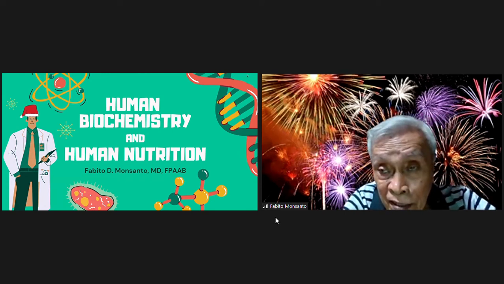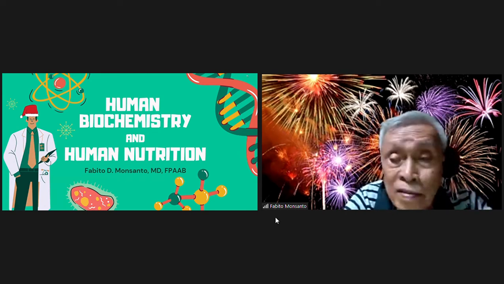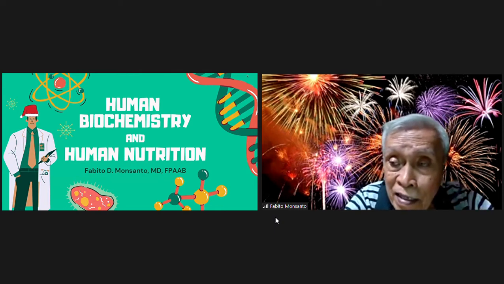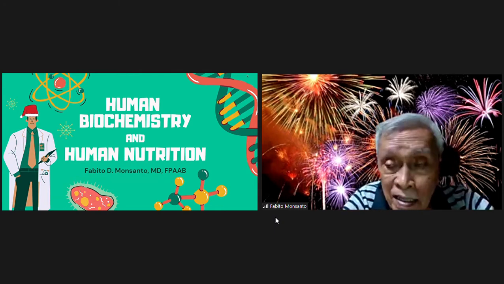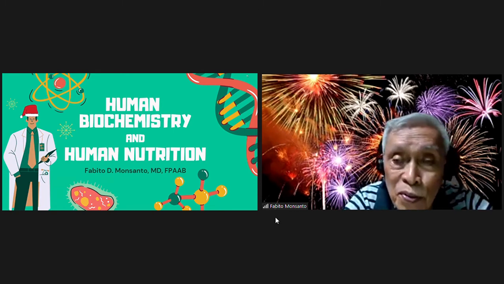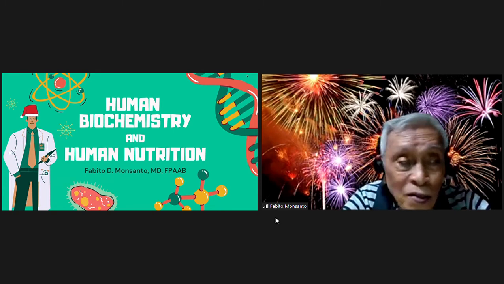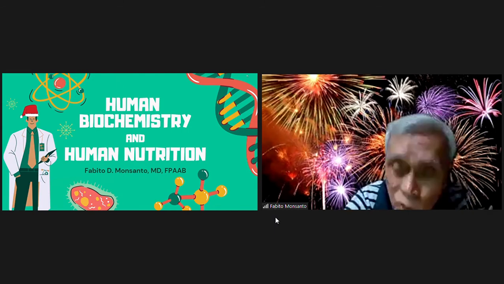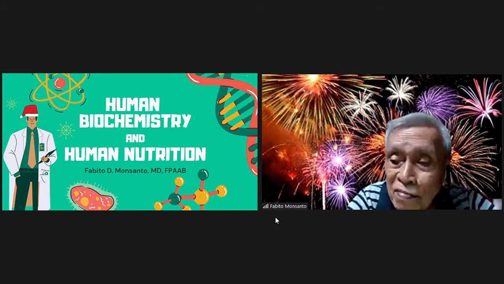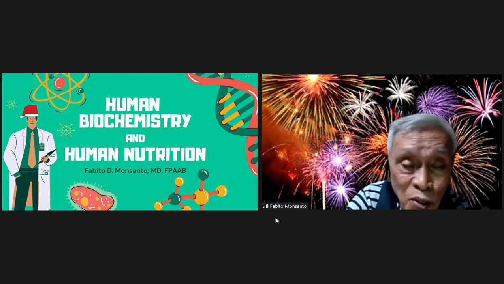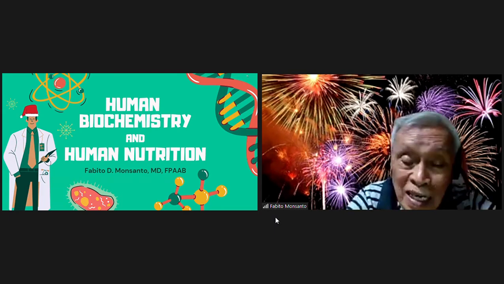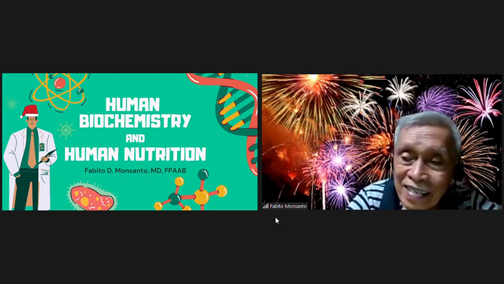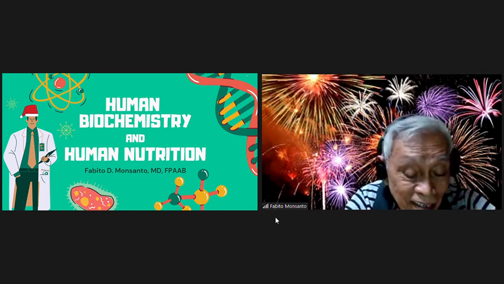And a 6-membered ring is a pyranose. No? So when you say alpha-D-glucopyranose, that means your glucose is in a pyran ring. Diba? All right.